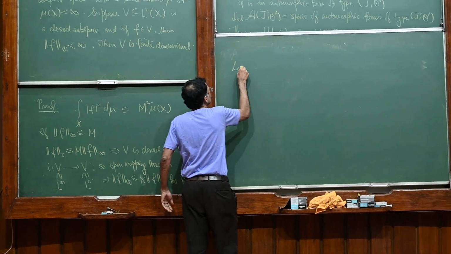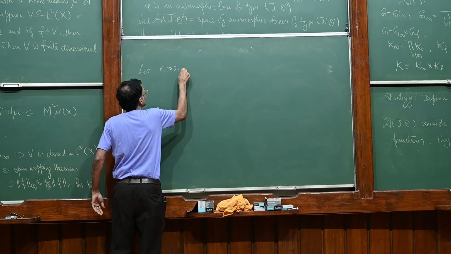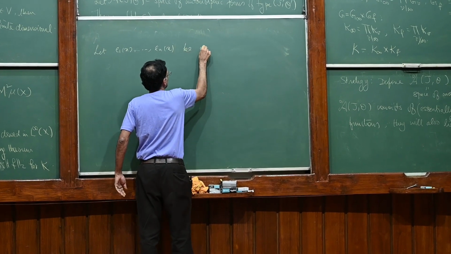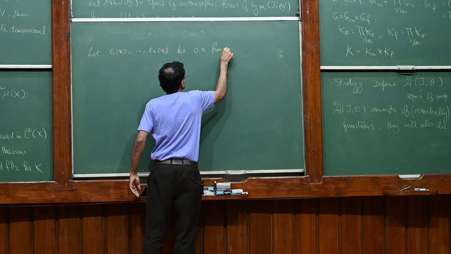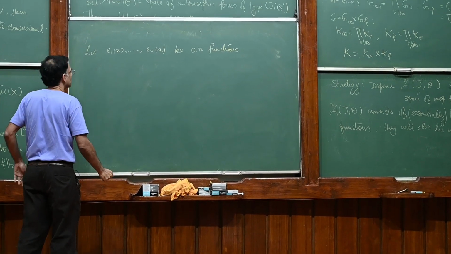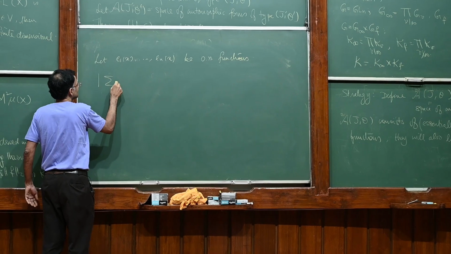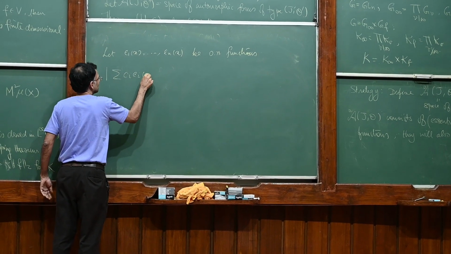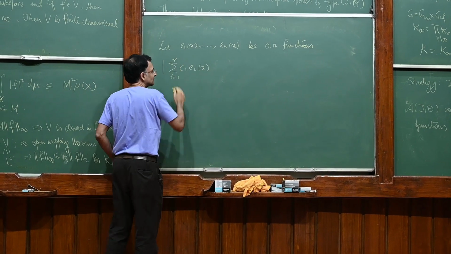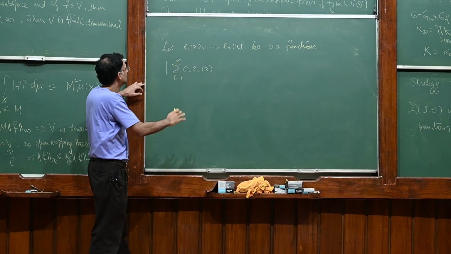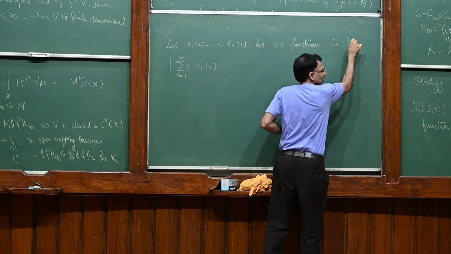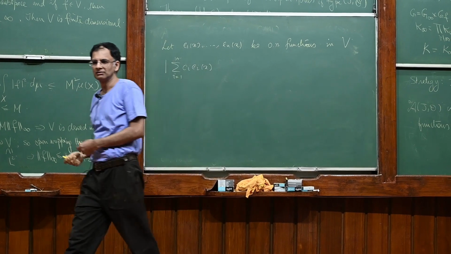So let E1(x), ..., En(x) be orthonormal functions in L2. Let's look at the functions sum of c_i E_i(x) for some constants, in V, of course. We're trying to prove that V is finite dimensional.